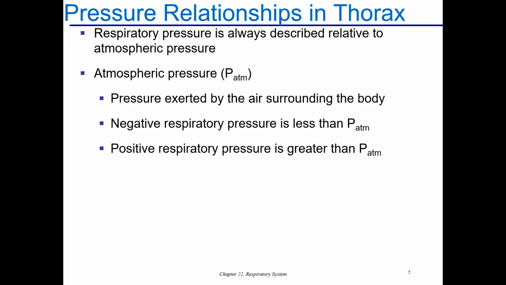Now, how do we get air into the lungs? We have to lower the pressure of the air inside the lungs so that it is less than atmospheric air pressure, so that air gets sucked in. How do we breathe out? We raise the pressure inside our lungs higher than the outside air.